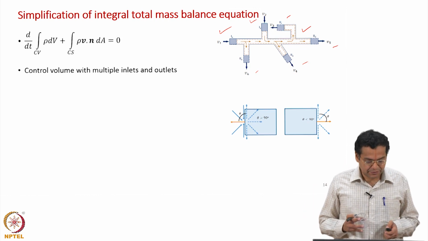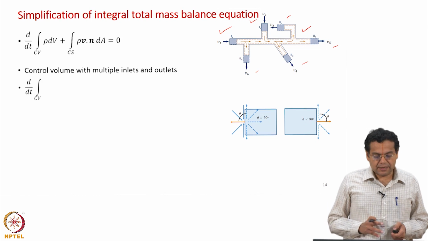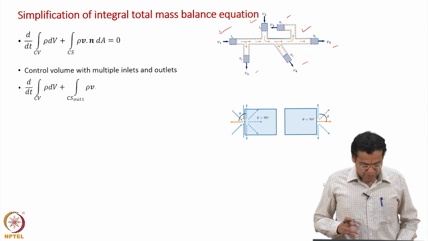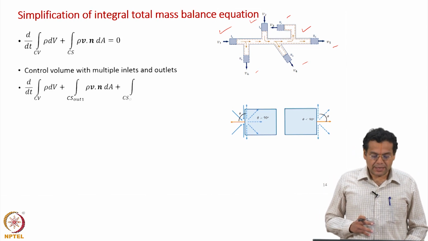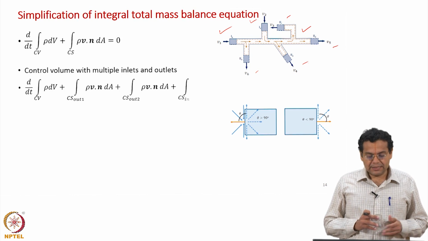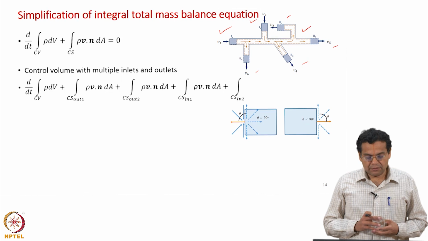For the case of illustration, let us take 2 inlets and 2 outlets. So, I split the outlet as CS out 1, CS out 2, and then CS in 1 and CS in 2. So, what have I done?